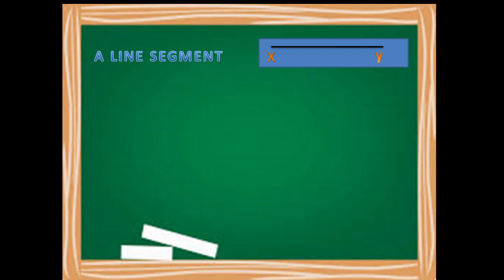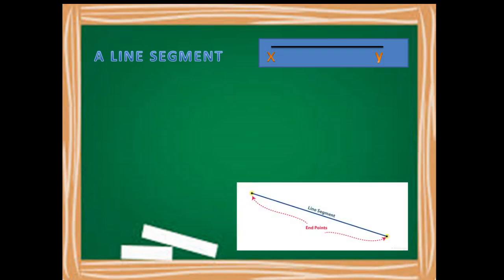So here we have a diagram which has 2 points X and Y. Both are the end points. That means I cannot extend the line segment on either side, either left or right. I have to limit my segment from point X to point Y. Now, a line segment, as I said, has endpoints. For our diagram, X is one of the endpoints and Y is the other endpoint.